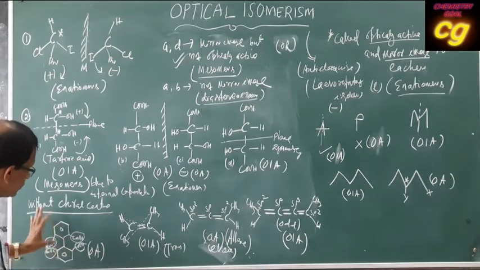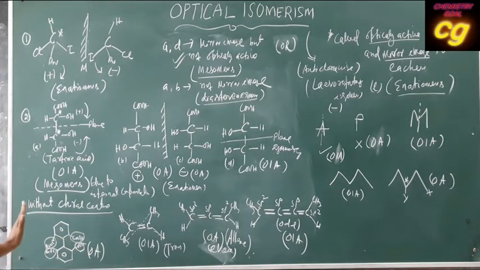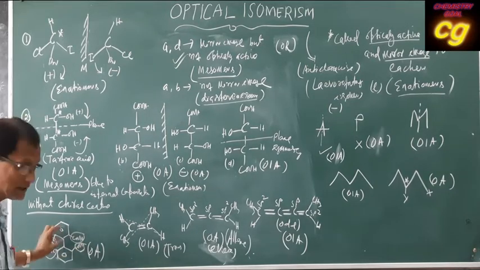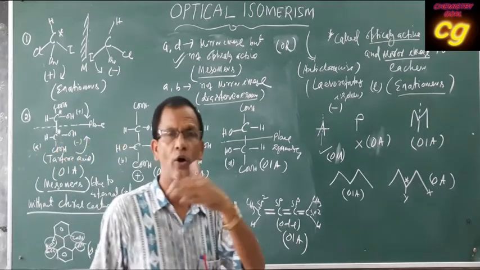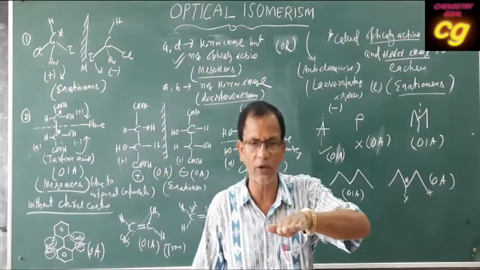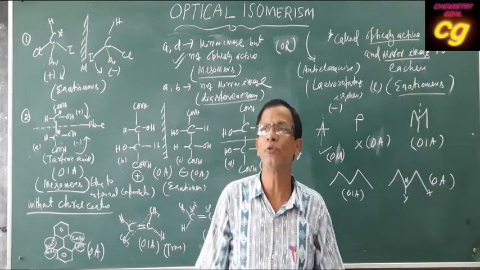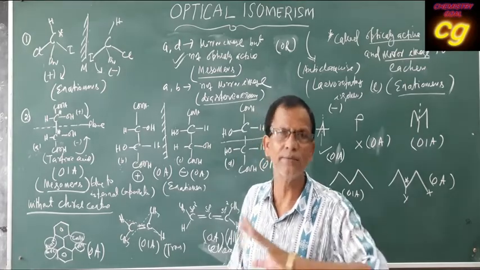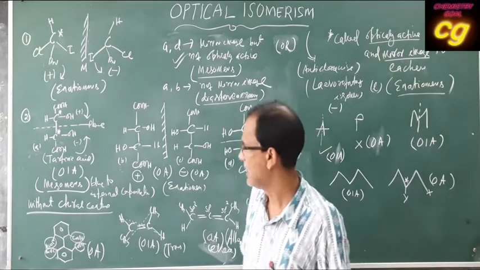Although it looks like an identical structure and can be divided into two halves, one benzene ring is in one plane, the other in another plane. That means if one is horizontal, the other will be vertical.